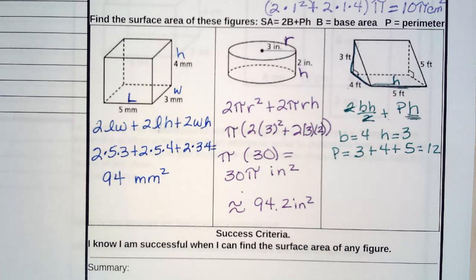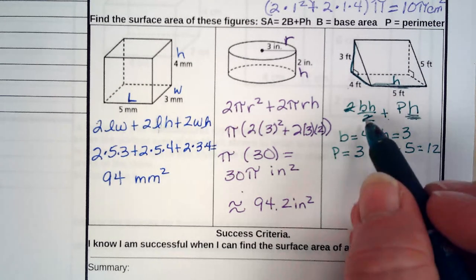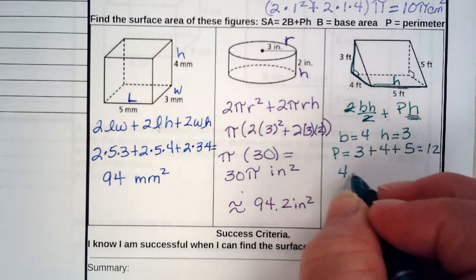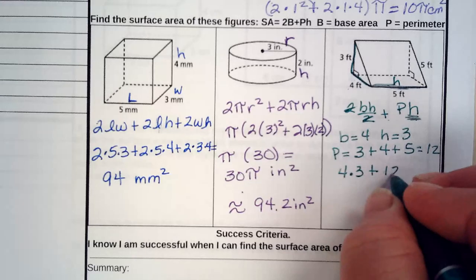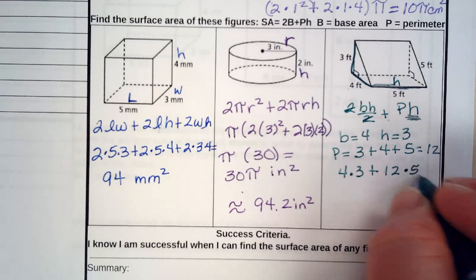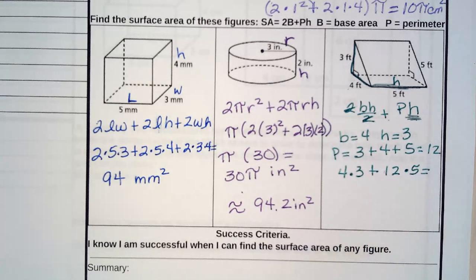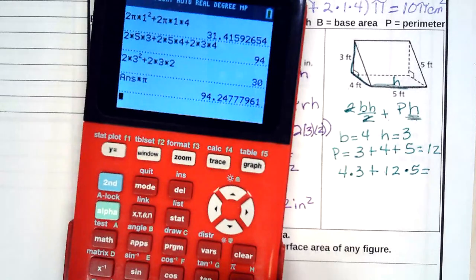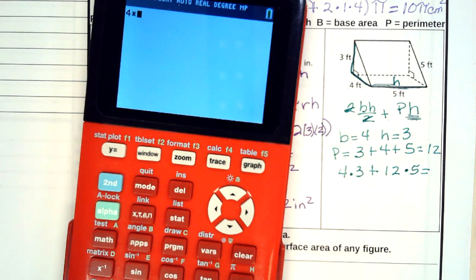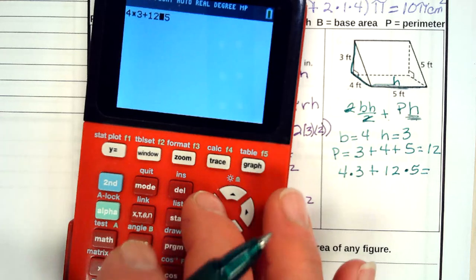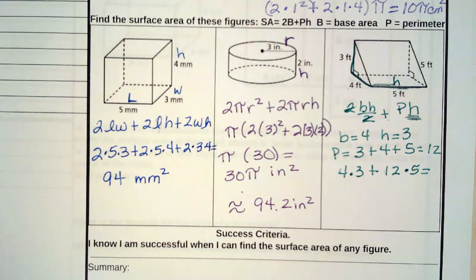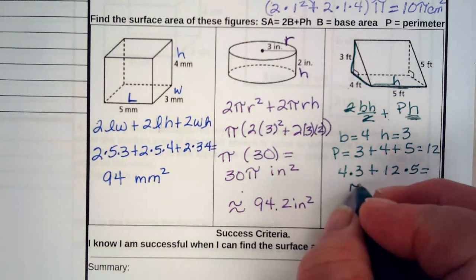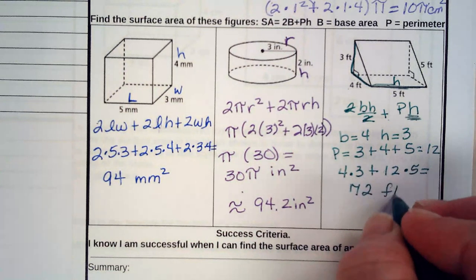So putting it all together, I've got 4 times 3 plus 12 times 5 and you end up with 72. And this would be feet squared.